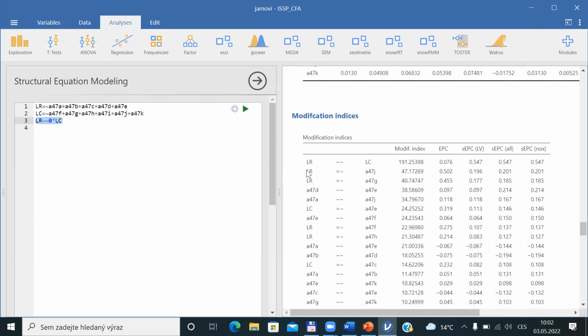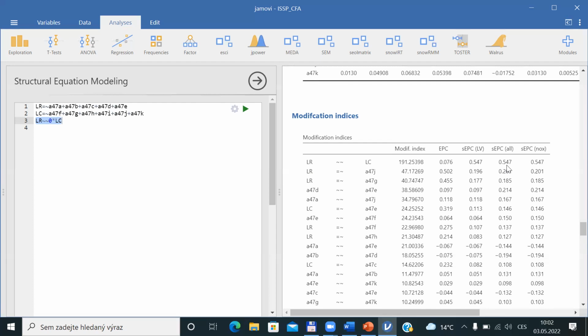And here it is saying, okay, left-right and liberal-conservative should be related. I would say, yeah, maybe they should be. And we know that the result will be quite impressive, that the correlation would finally be approximately 0.6. And here it is also written, at the end, there is something called in jamovi SEPC, and in brackets, there is 'all', and it is nothing more than an estimation of what the correlation will be.